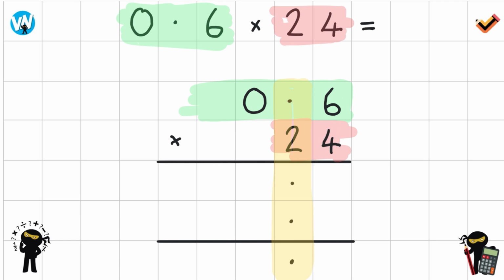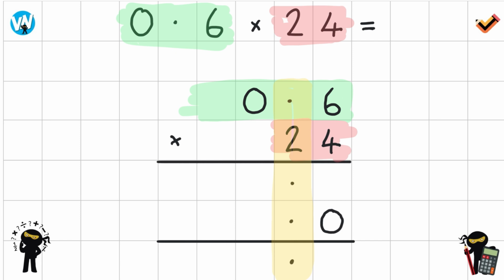Just like a normal multiplication, we're going to do 4 times 6, 4 times 0 in this row. Then we're going to multiply by 20, so we need our place holding 0. Then we're going to do 20 times 6, 20 times 0. And that's it, because we've laid it out effectively. In fact, I'm just going to pop my place holding 0 in, because I know that it needs to go there, as I'll be multiplying by 10.